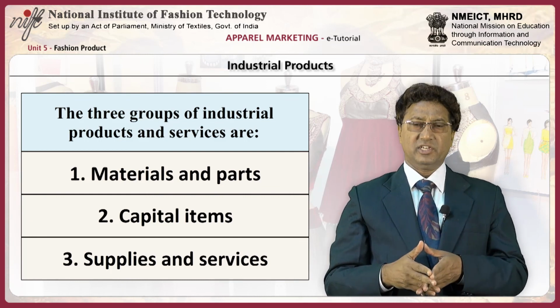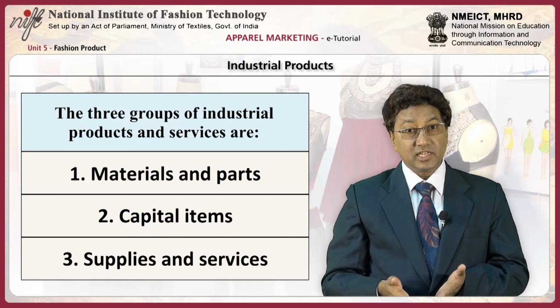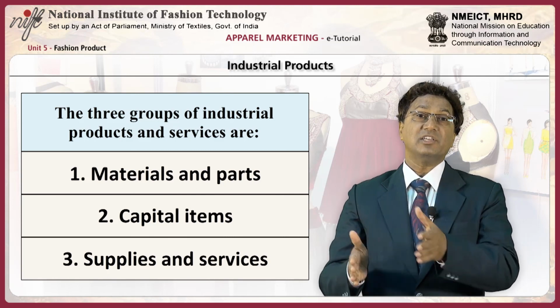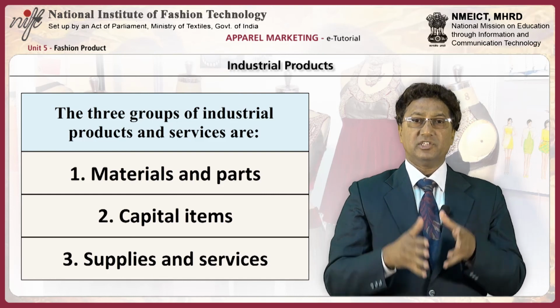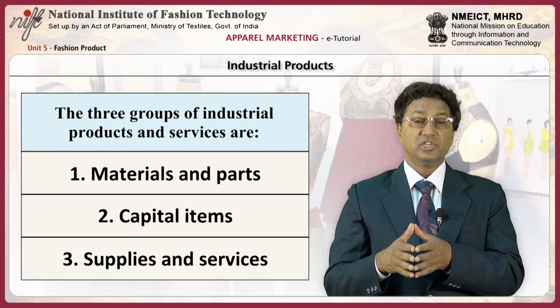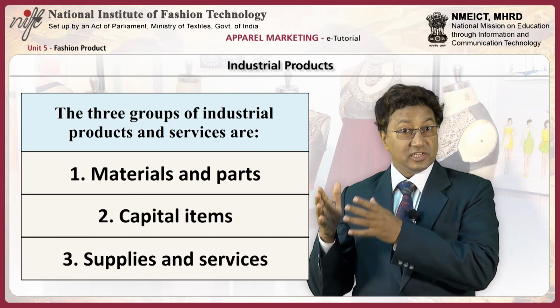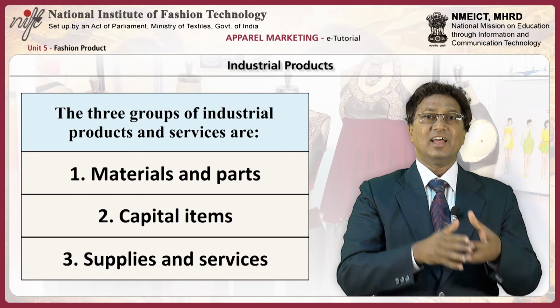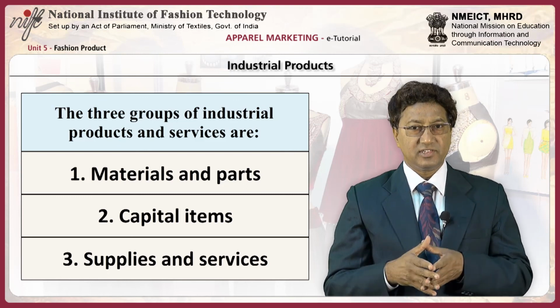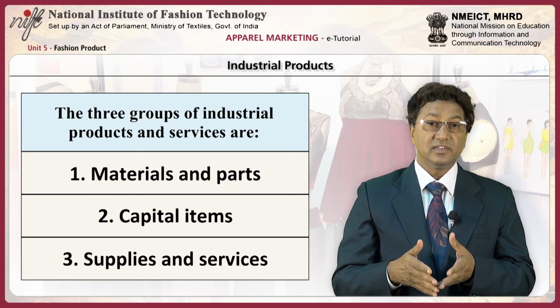Materials and parts include raw materials and manufactured materials and parts. Raw materials consist of goods found in their natural state, such as minerals, land and products of forests and the seas.